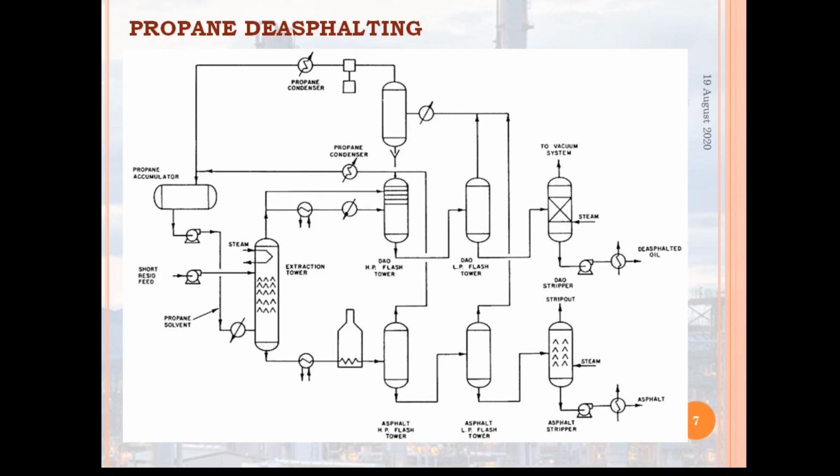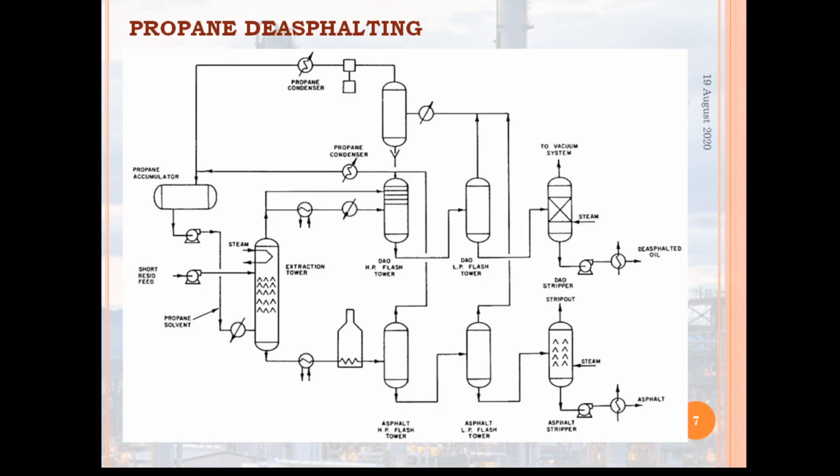This causes some of the oil to be expelled from the extract phase, creating the reflux stream. This reflux flows down the tower and increases the sharpness of separation between the oil and the residuum, and the asphaltenes and the resin portions.